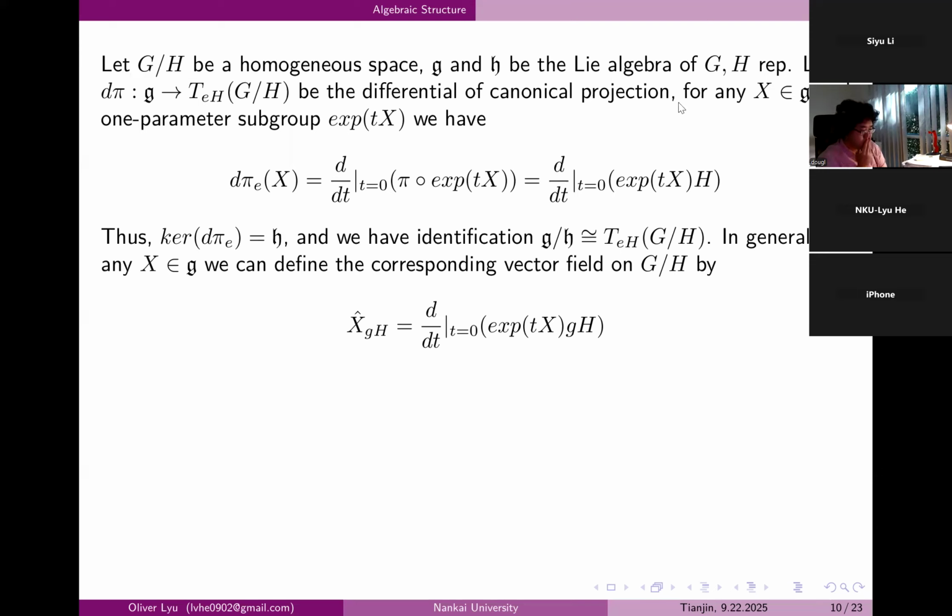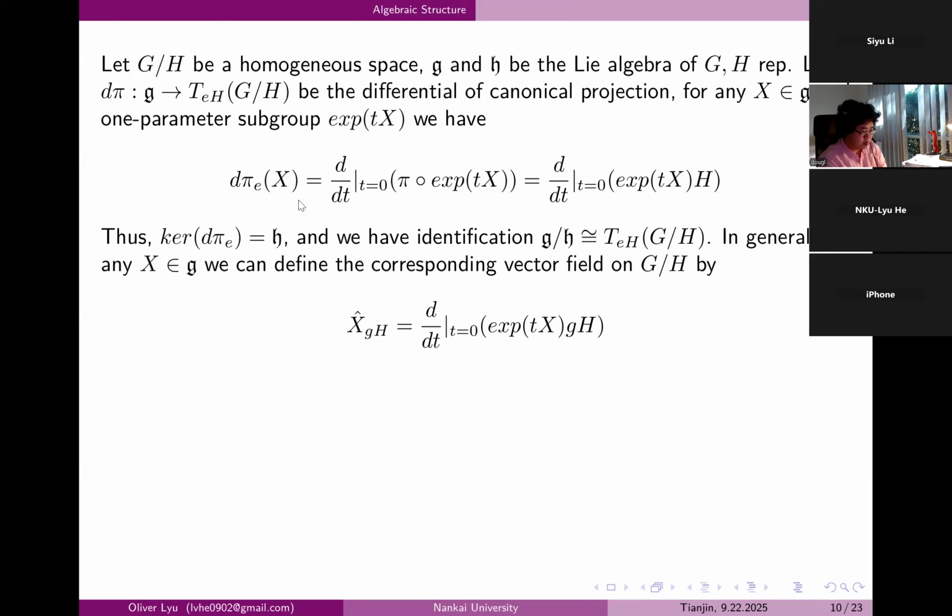And for any Lie algebra G element X, it works like this. And we can express this action with an exponential map. This is just a one parameter subgroup generated by the exponential map.